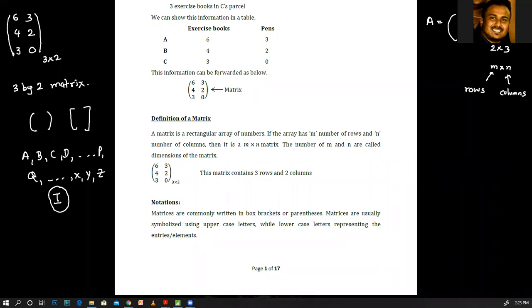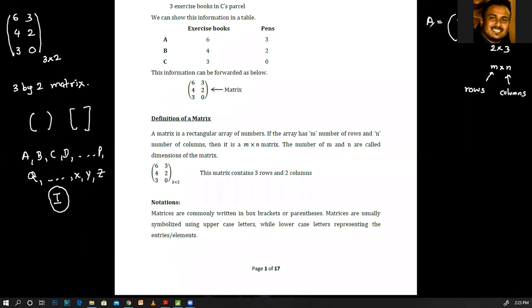Now think about it, since there are 2 rows, I will assign p and q here, r, s, t, u. Likewise, we can write down the elements of this matrix.